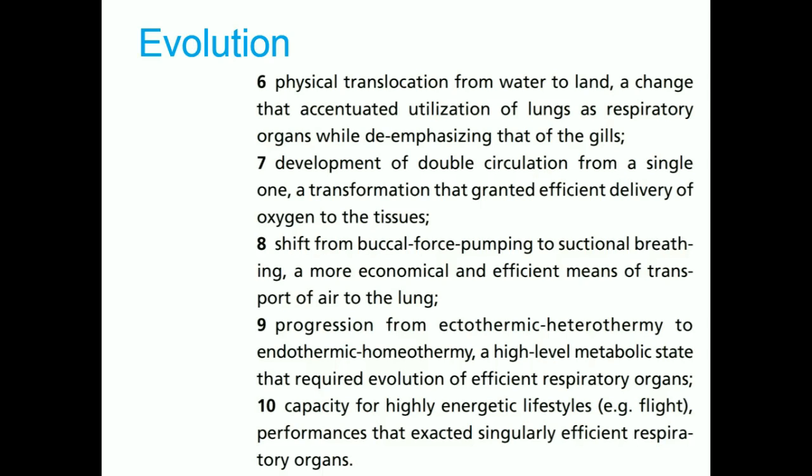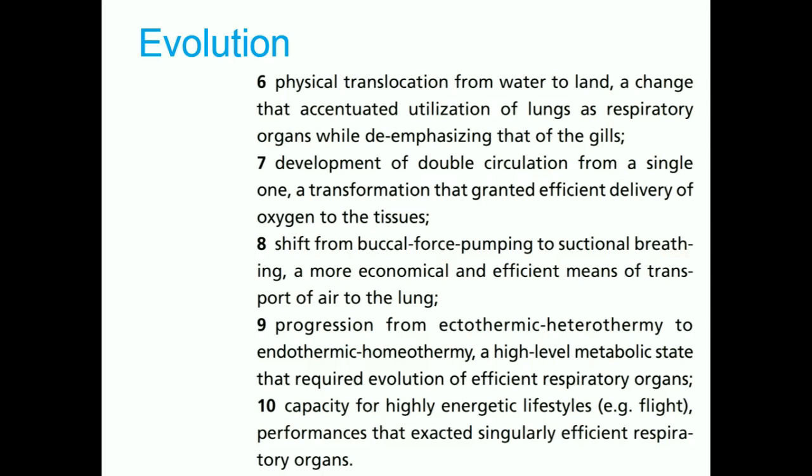Then in step number 9, we will see a progression from ectothermic heterothermy. So those are the animals that oftentimes in common parlance are referred to as cold-blooded, but I already told you that this term is not really appropriate.